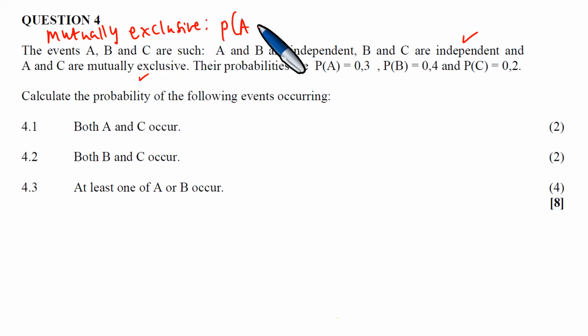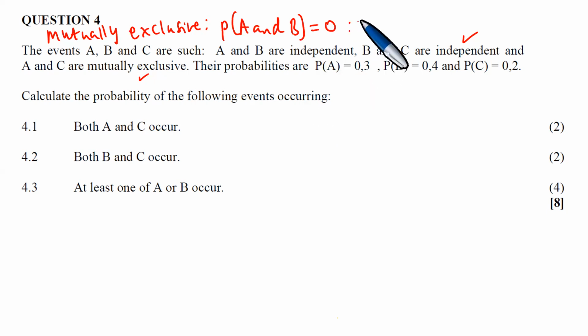Events are mutually exclusive when the probability of A and B is equal to 0.